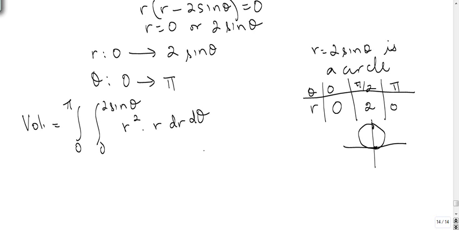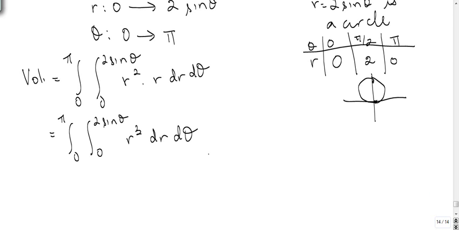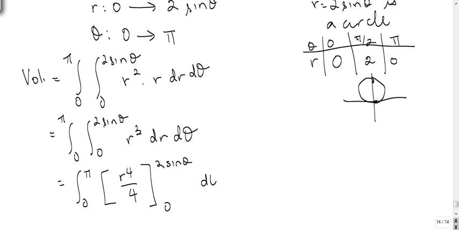Now I want to complete that because I want to show you something, just in case you get something like that for homework. 0 to pi, 0 to 2 sine theta, r cubed dr d theta, which gives 0 to pi, r to the 4th over 4, from 0 to 2 sine theta, d theta.